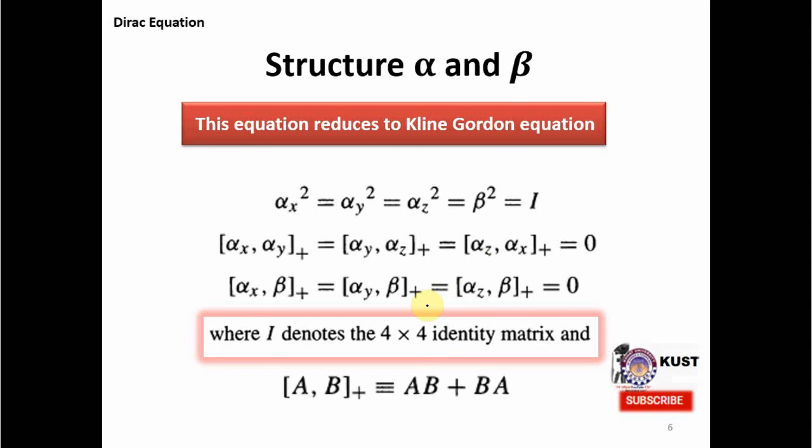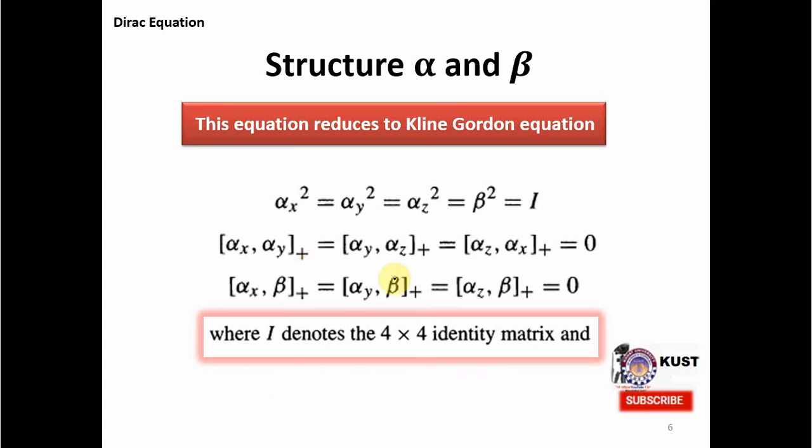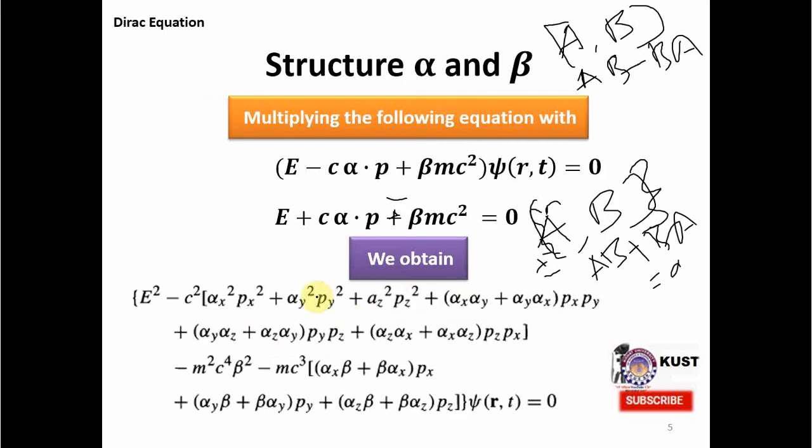Here is the definition of the anti-commutator, as I have already said: the anti-commutator of A, B is equal to AB plus BA, where the commutator comes with a minus sign. If you substitute this here, this will be equal to 1.